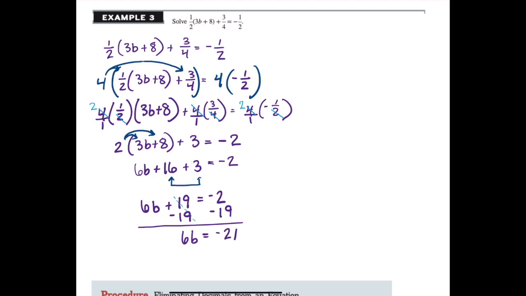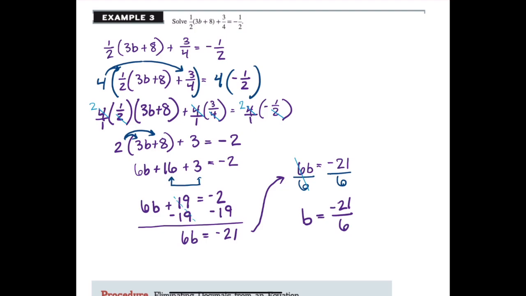Subtracting from a negative, the result is more negative. All right, let's bring this up here just to make a little more room. I've got 6b equals negative 21. Almost have it solved. I just want to divide both sides by 6. So cancel on the left side. I'll just get my b left over equals negative 21 over 6.